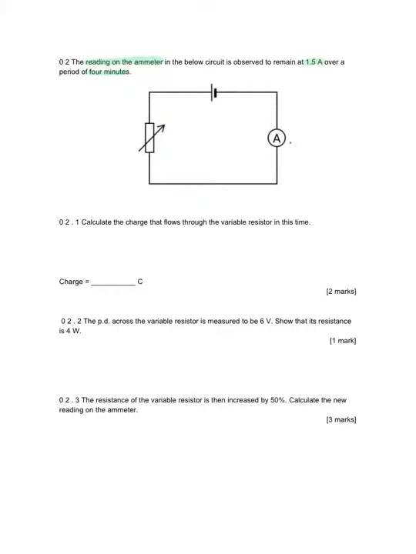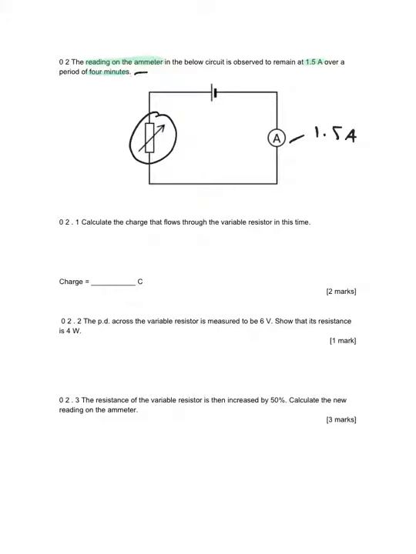So I've got this ammeter here that's saying it's going at 1.5 amps of current. I notice here that there is a variable resistor. I know it's a variable resistor because it's the rectangle shape with the arrow through it. So that's something important to remember. And then I've got 4 minutes.